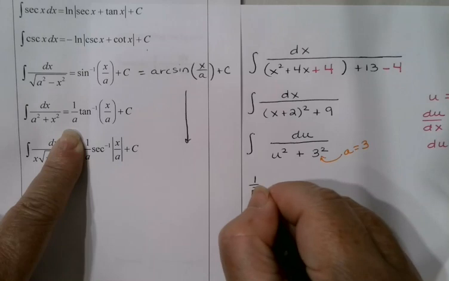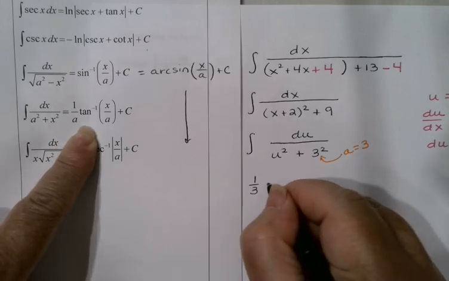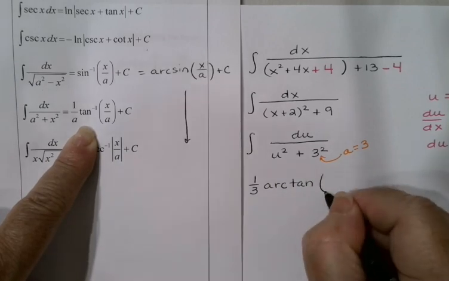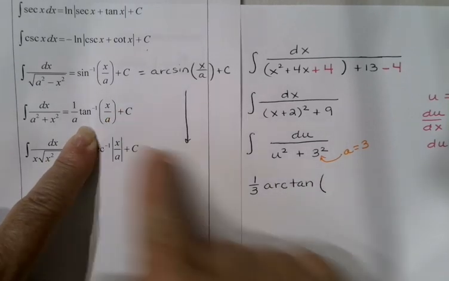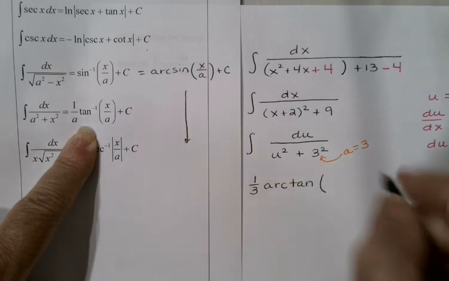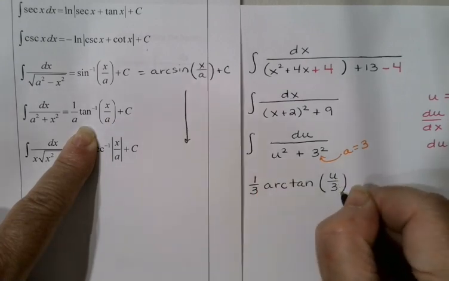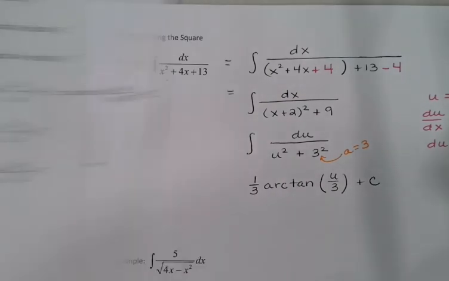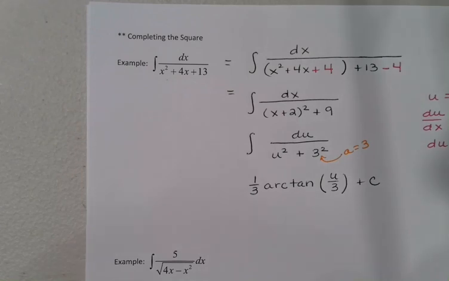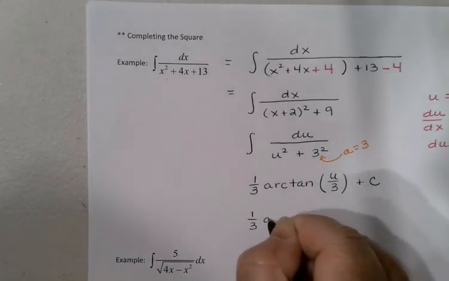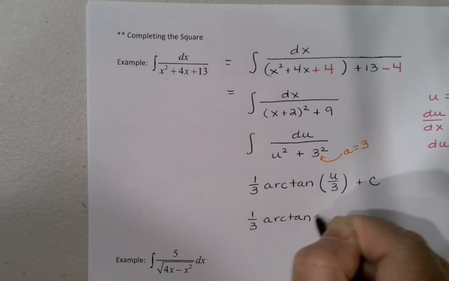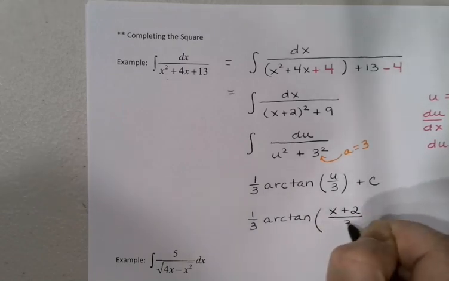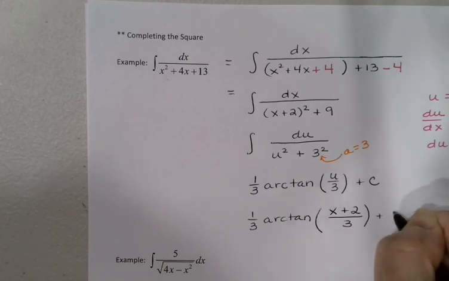So I'm going to get 1/3 times the inverse tangent, or I like writing the arctangent better, of x over a. That will be u over 3 in my problem, plus c. All right, we're almost there. I have 1/3 times the arctangent. U was actually x plus 2, and that's over 3, plus c.